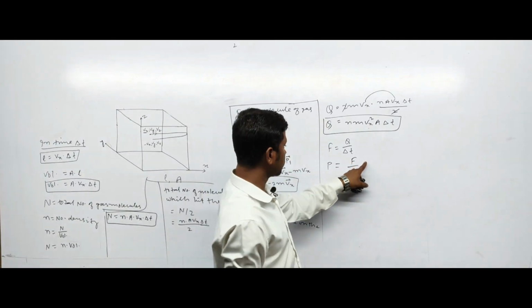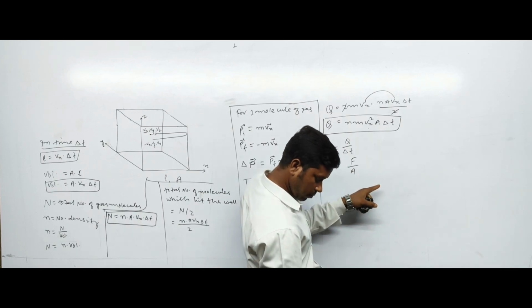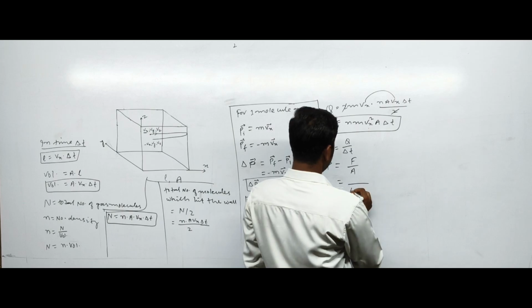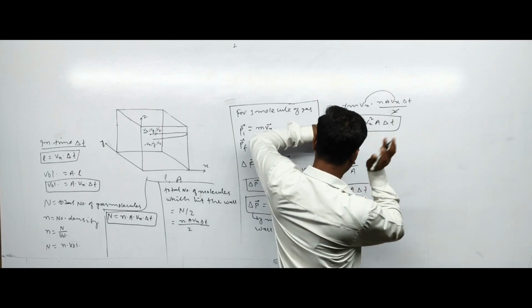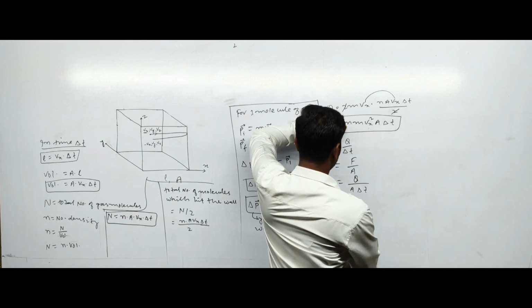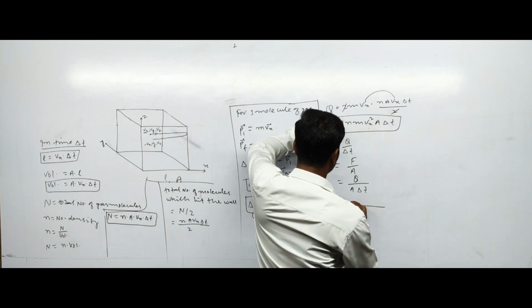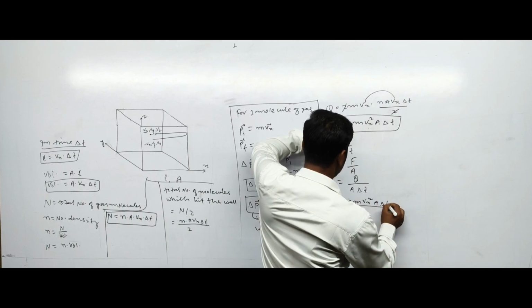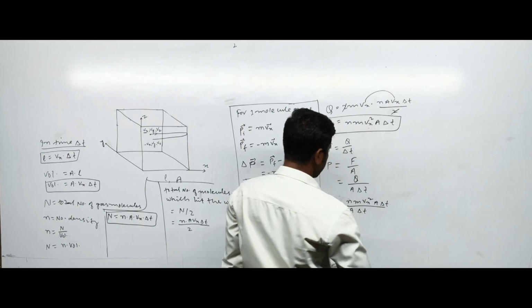The value of Q is n m Vx square A del t, upon A into del t.